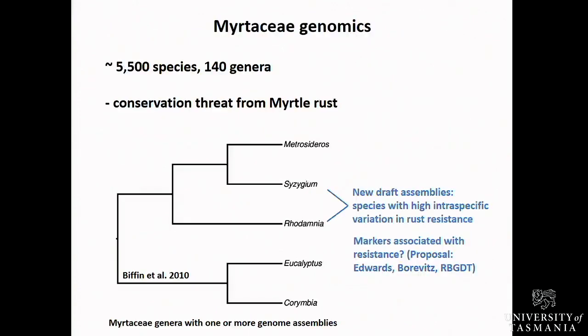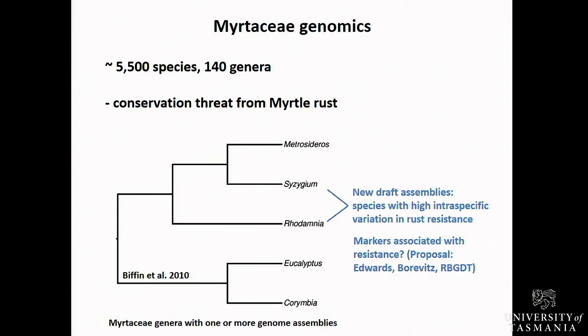So the last thing I wanted to mention, just really briefly, is that in case it's useful, we've generated draft genome assemblies for a couple of other Myrtaceae species, and of course the Eucalyptus genome is helping a lot there as a reference. Our motivation here was that myrtle rust is impacting a number of species of Myrtaceae quite heavily.